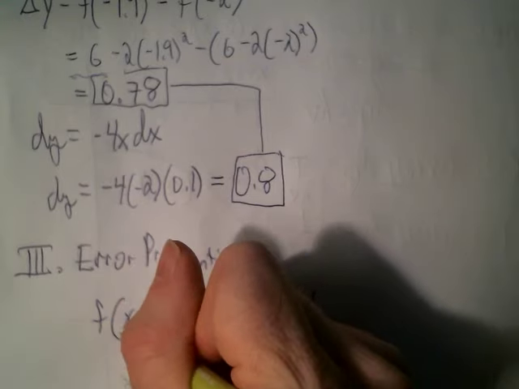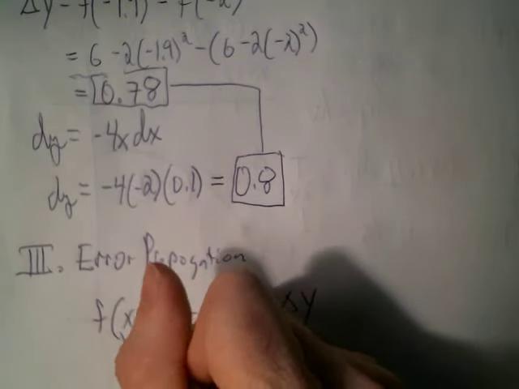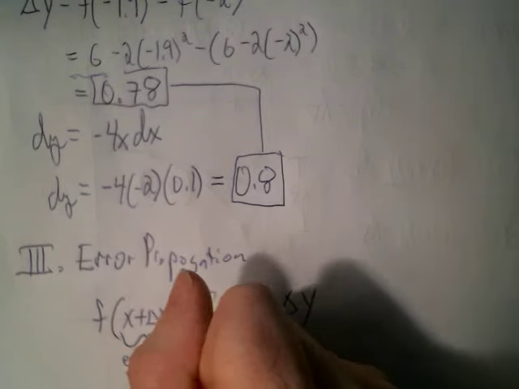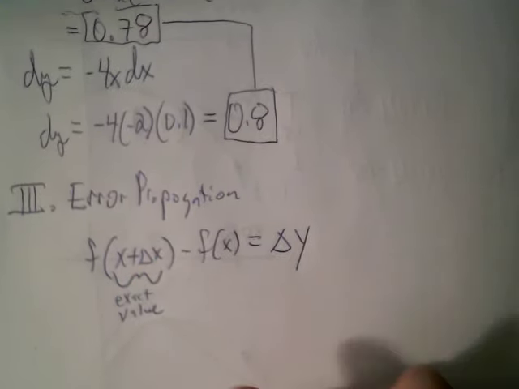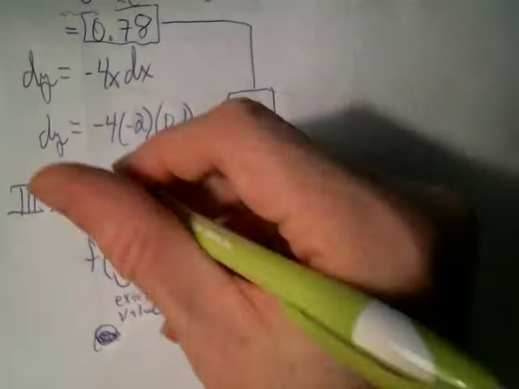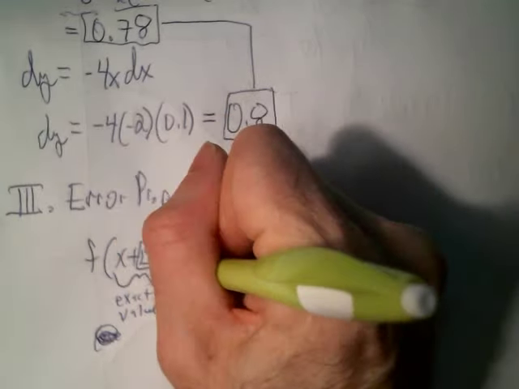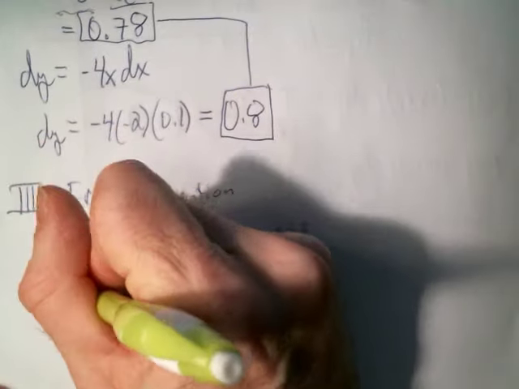This will be your exact value. And so this delta x is your measurement error.